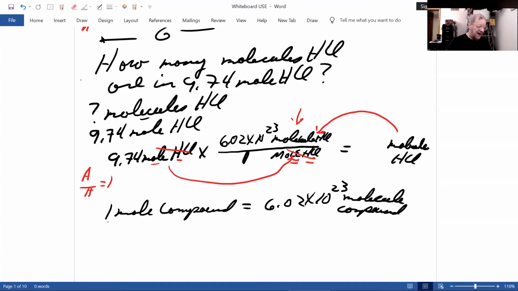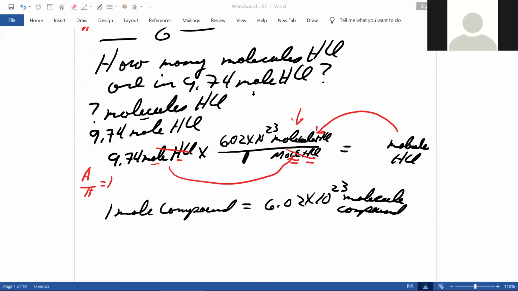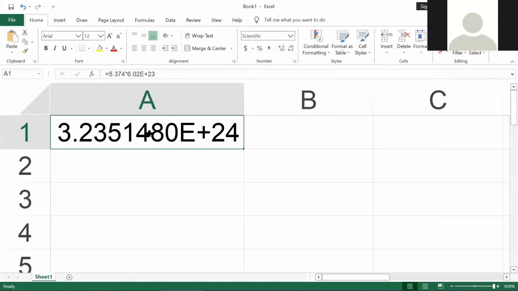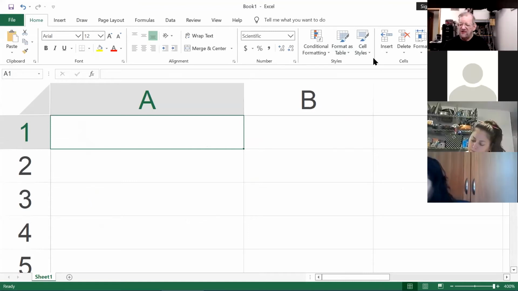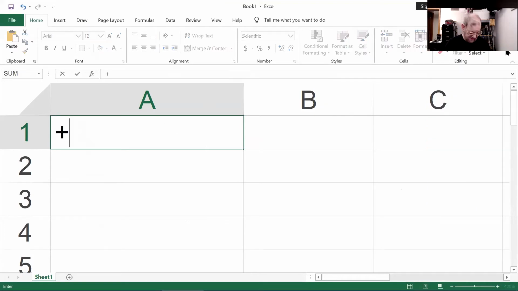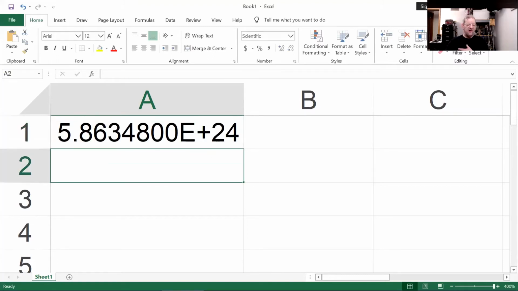And now it's time for me to go to my calculator. Everybody see the spreadsheet? That's empty, good. All right. 9.74 times Avogadro's number, 6.02 E 23. Oh, look at that number.